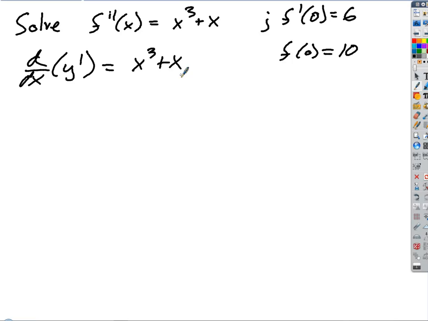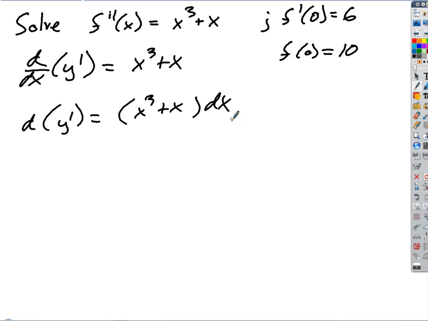So how could we write that in differential form? Multiply both sides by dx, so we end up with the derivative of y prime equals the quantity x cubed plus x dx.